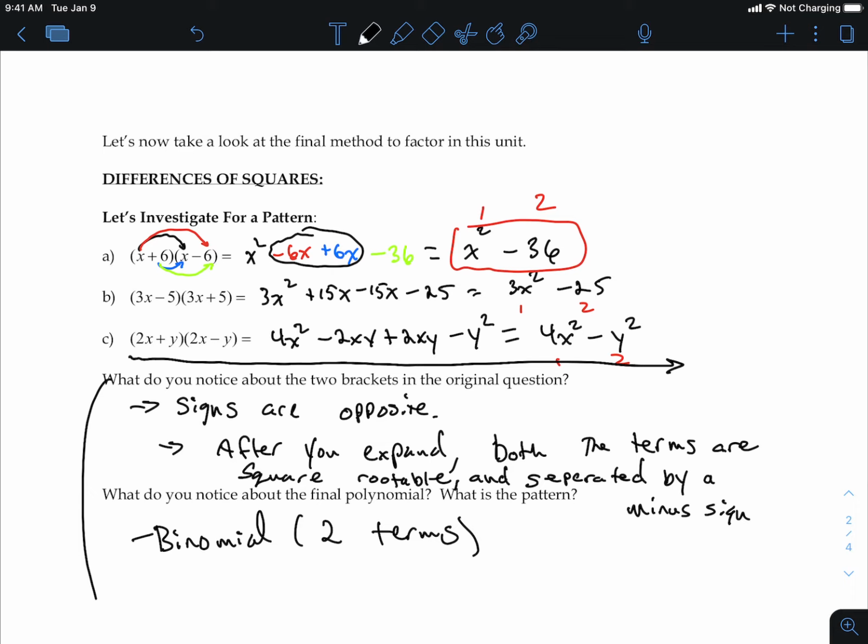I'm starting over here with the x squared minus 36, and I'm trying to produce these two guys here. What do you notice specifically about these two guys? They're the same. And what's the difference in the sign? They're opposite. That's the gist.